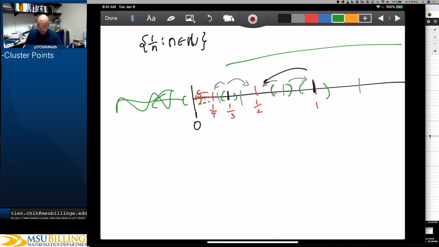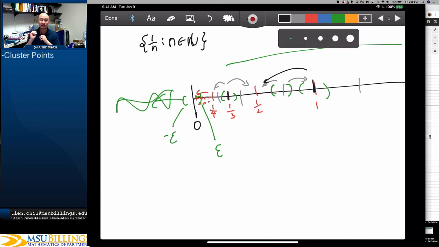If I put an epsilon bar around 0, this is minus epsilon, but who cares, there's nothing there. This, on the other hand, with the plus epsilon, don't we have 1/n's that are always closer to 0 compared to epsilon? That's just the Archimedean principle, right? And so putting all of this together, we get that the cluster points of the set that I've described here is just the set containing 0. 0 is the only cluster point of this particular set.